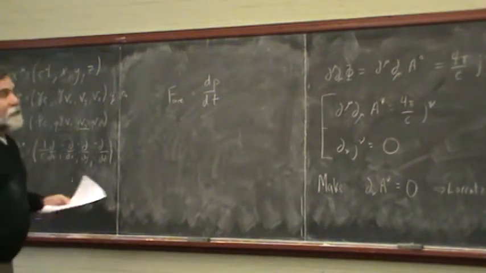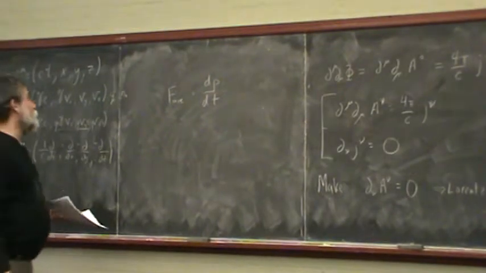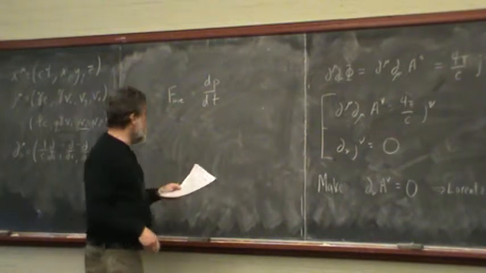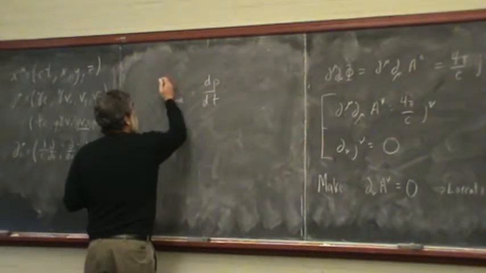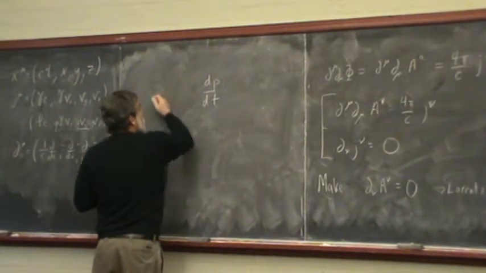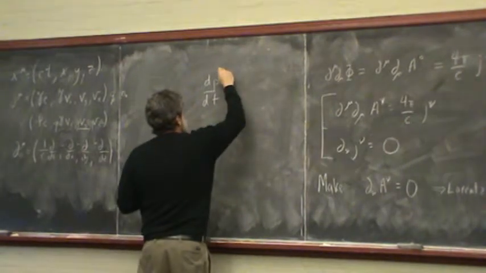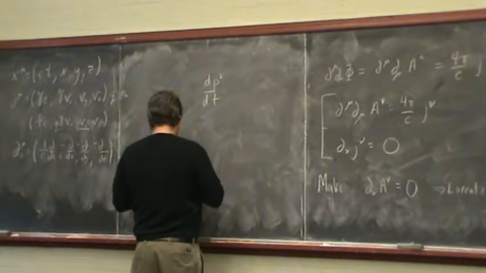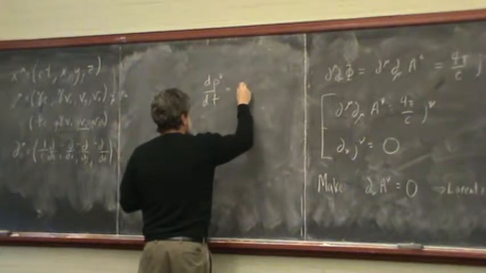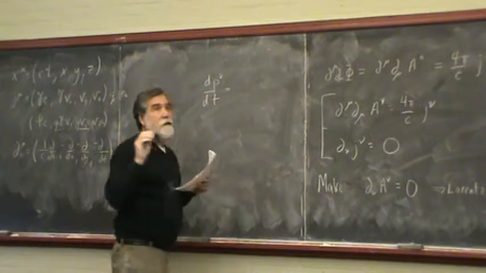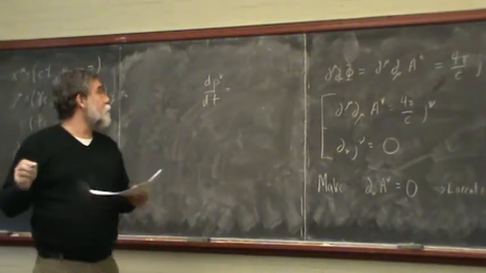I've just written what could be a 3-vector form up here. So the force is dp^k/dt.